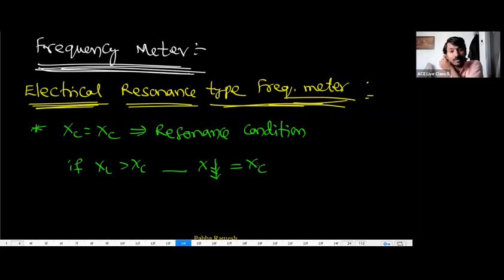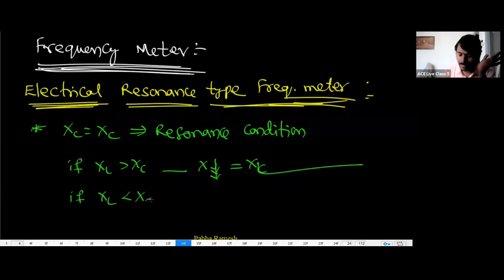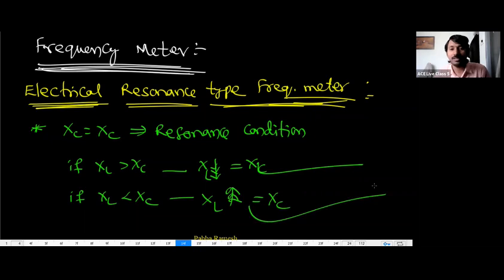XL equal to XC is the resonance condition, and the pointer will be stopped. Simple idea I'm giving. If XL is less than XC, then XL will be increased and becomes equal to XC. Then the instrument shows the pointer. That is the overall concept.